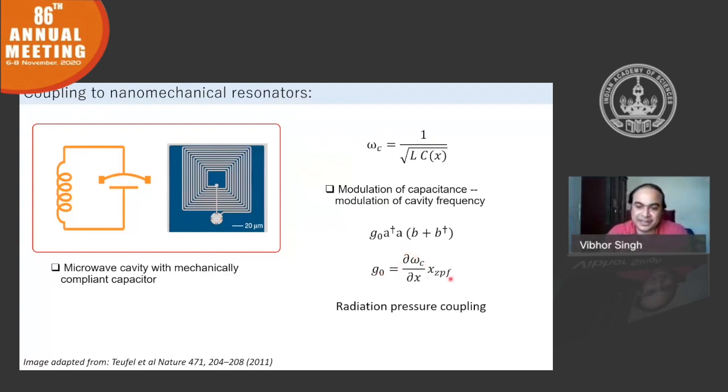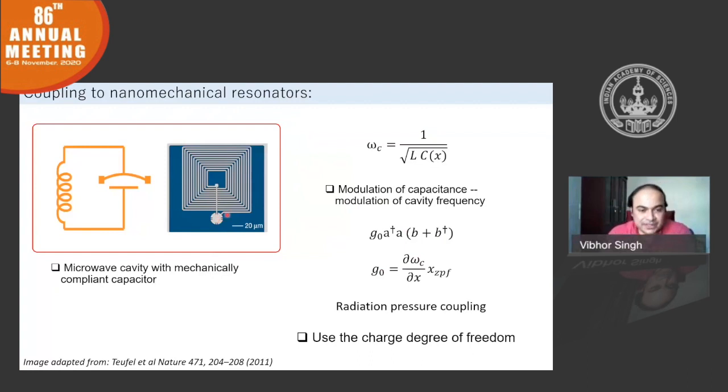The type of coupling is very much like radiation pressure coupling, where the intensity of the beam is coupled to displacement. Now, if you think about it, this setup is essentially using the charge degree of freedom to couple the mechanical resonator to the electromagnetic mode.